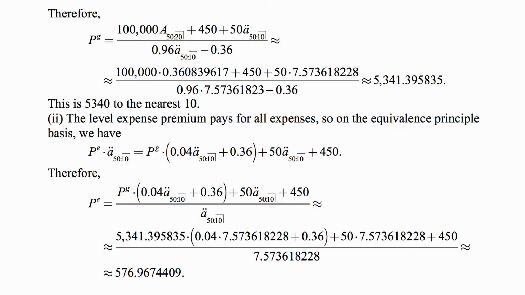So on the equivalence principle basis, we have that the premium for the expenses paid over 10 years when expenses are paid is equal to the gross premium times the percentage of premium expenses, plus 50 ä50 colon angle 10 plus 450, and in both cases you can see again that we split the first year expense into the part that is paid the first year and the part that is the same as the expenses in the renewal years.